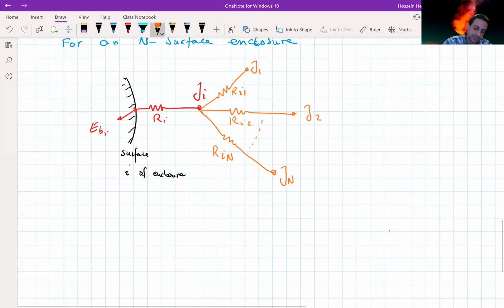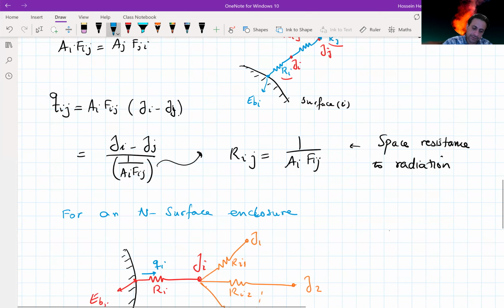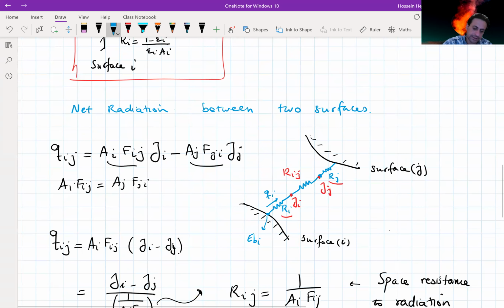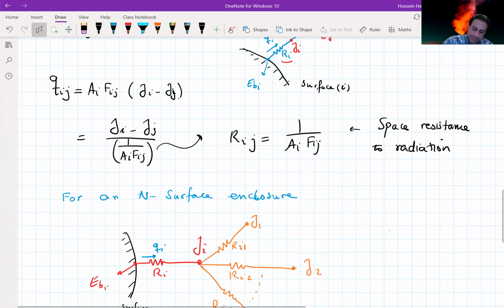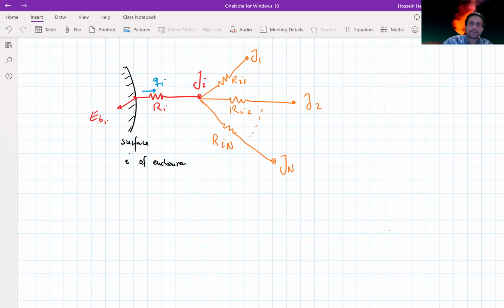So this is how we can write it down. Now the Qi, there is a Qi here. In fact, I missed pointing that on the other ones too. So there is a heat transfer, let's say Qi, that is going, and the same thing here too. So Qi here is going to be the summation of everything that is leaving the surface and being received by the other surfaces.